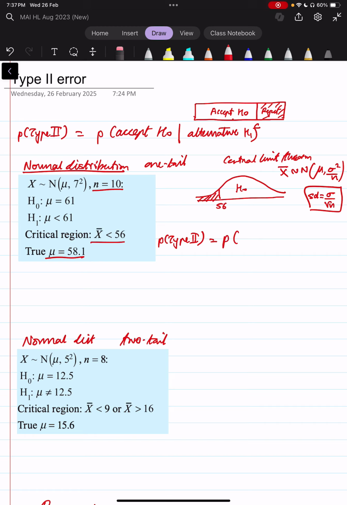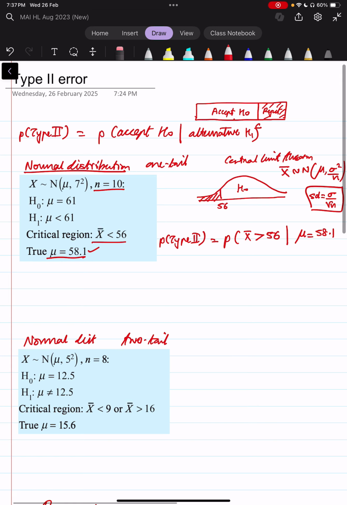You'll accept it when your sample mean is greater than 56, given that you have the true mean. So you'll be using the true mean and not the H naught mean, not 61. Remember, in type 1 error, we use that; in type 2 error, you have to use the true mean. Then you simply use your calculator and find this out. That's your probability of type 2 error.